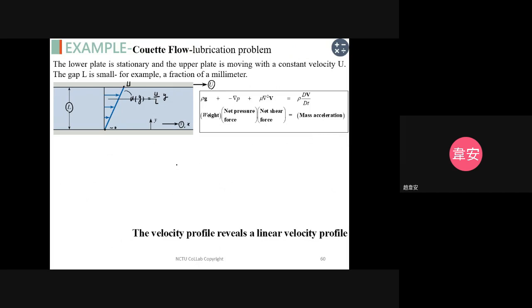So how can we determine the velocity field based on the Navier-Stokes equations?